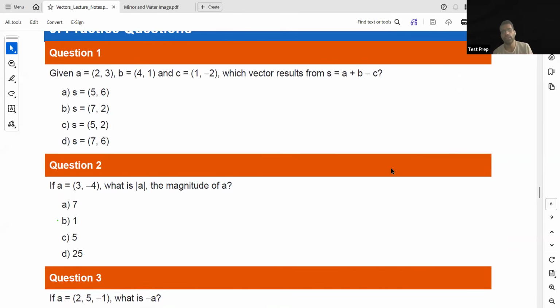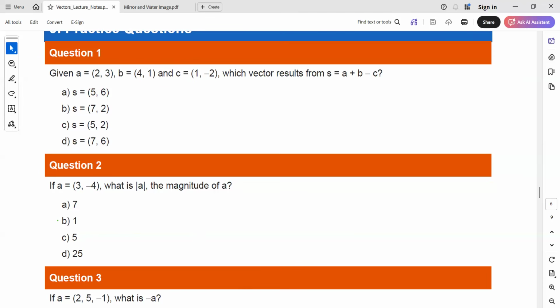Here is the addition and then subtraction of the vectors. The first answer we are getting is C.